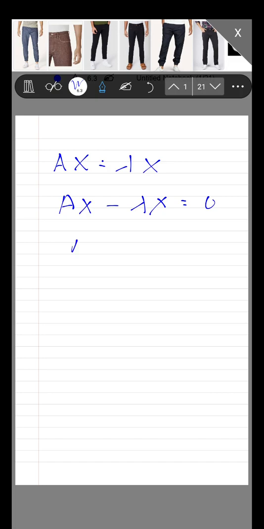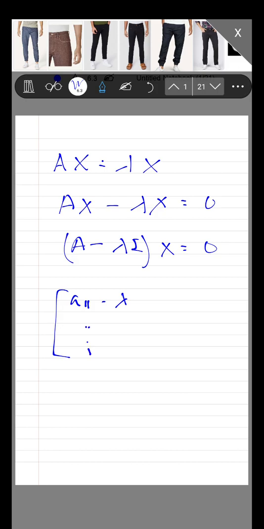So we take A minus lambda into I, multiplied by X, should be equal to 0. By A minus lambda I, we mean the diagonal elements of A will be changed. So A11 would be A11 minus lambda. The other elements will remain the same. Again A22 will be A22 minus lambda, and A33 will be A33 minus lambda. This is what is A minus lambda I.